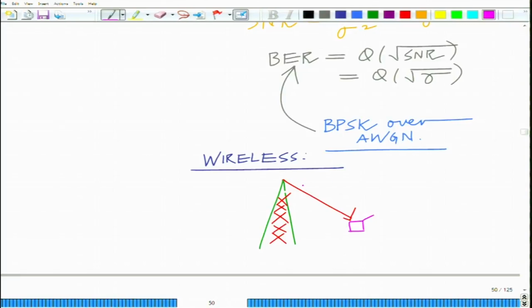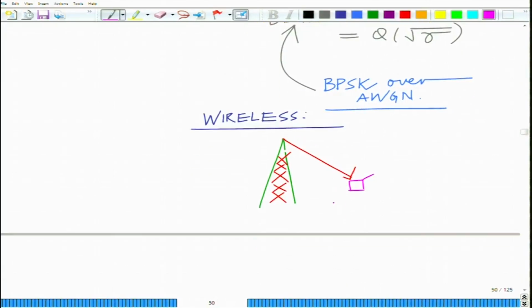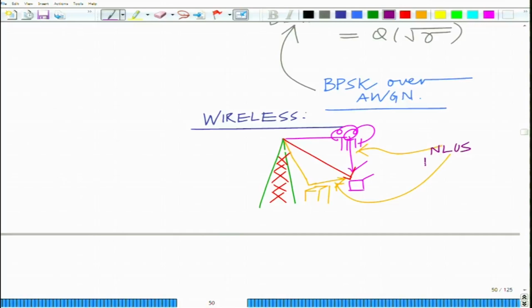Then in addition to this signal, which you can call a direct path, there are also going to be several reflections or scattered paths, from scatterers such as large buildings. These give rise to the non-line of sight, NLOS, paths. So, there is a line of sight.